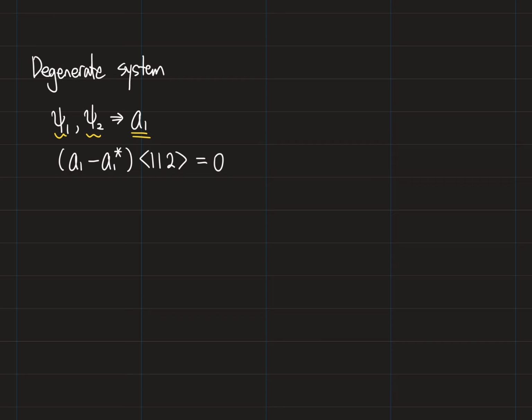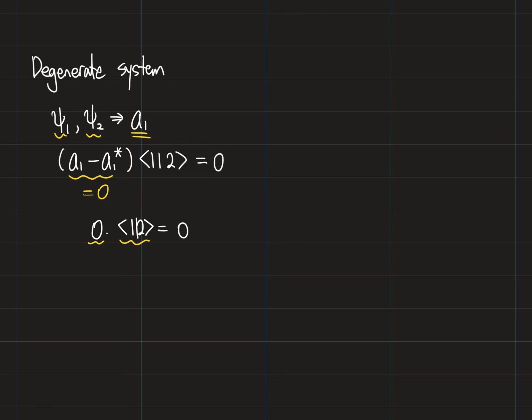But I mentioned that the eigenvalue of the Hermitian operator should be real. So this is exactly just 0. This expression means that 0 multiplied by the integral of psi 1, psi 2 equals 0. So we cannot really say that the integral should be 0. This is already 0, so the integral can be a finite number.